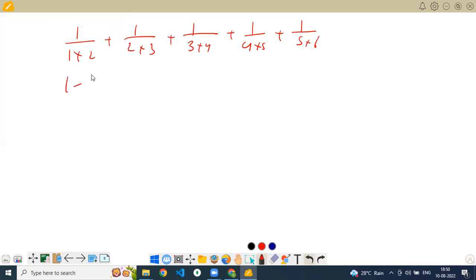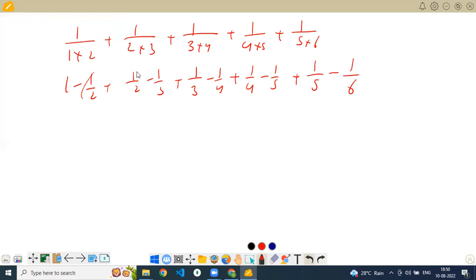So this can be written as 1 minus half plus 1 by 2 minus 1 by 3, plus 1 by 3 minus 1 by 4. What you see here is this will go, this will go, this will go. The last term and the first term are remaining: 1 minus 1 by 6 is 5 by 6.